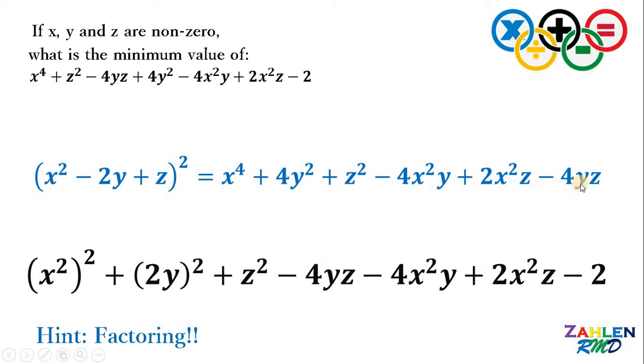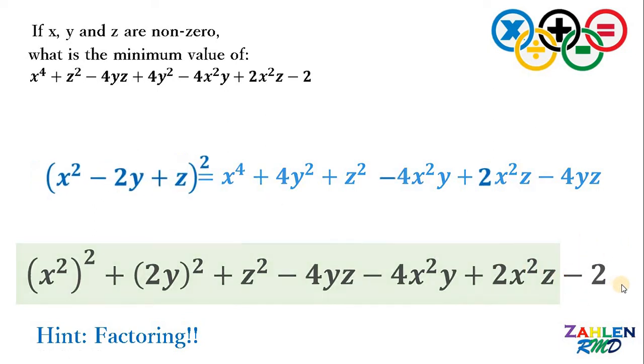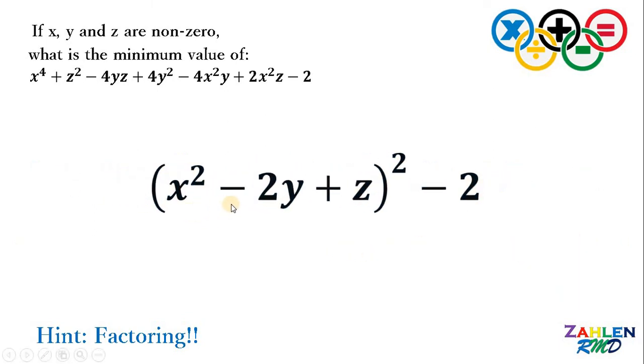And minus 4yz, and we have also negative 4yz. Therefore, this expression right here is equivalent to x squared minus 2y plus z quantity squared. It follows that our original expression can be written as x squared minus 2y plus z quantity squared minus 2.